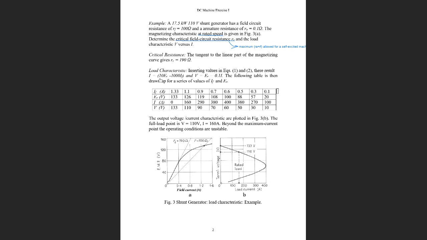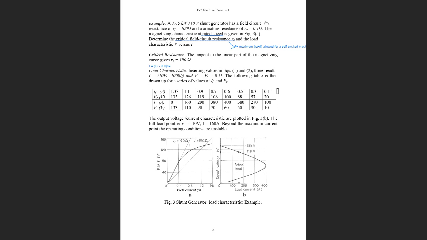The terminal current equals the internal generated voltage minus the field resistance times the field current, over RA. From the equation in the above right slide, I equals ER minus RF times IF over RA.